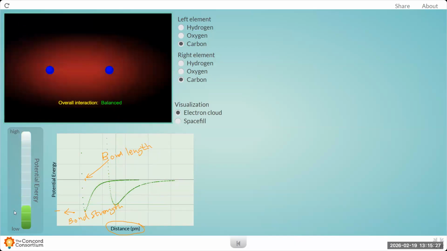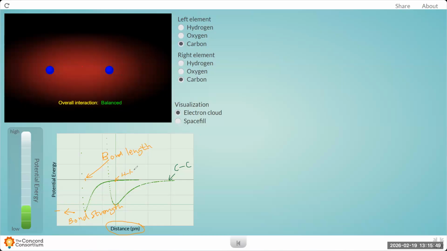Let me use a different color for that. This is my CC bond, and the first one was the HH bond. So this one is for HH.